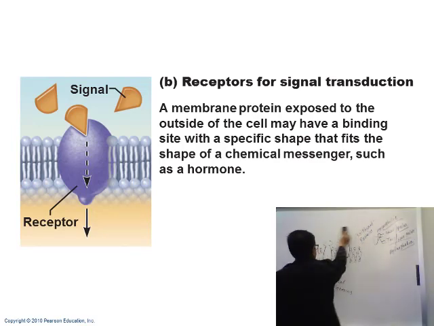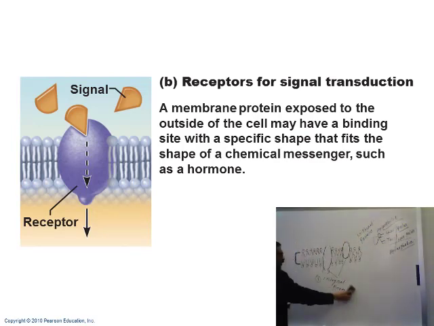Acting as receptors. Some integral proteins work as receptors. What is that? Let me show you here. You see, this is one integral protein. This is another integral protein. Let me draw another one here. This is another integral protein. Okay. Now, this is outside of the cell. This is inside the cell.